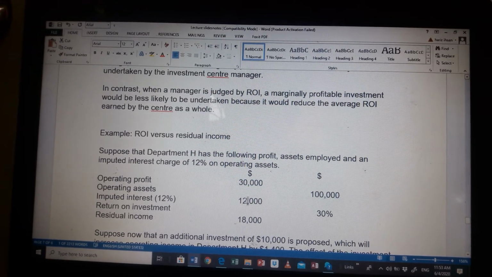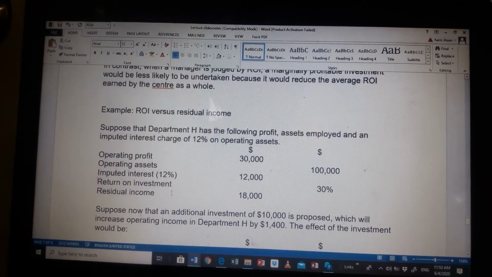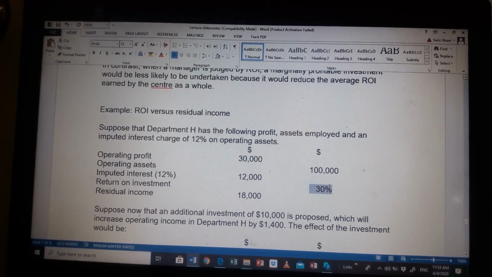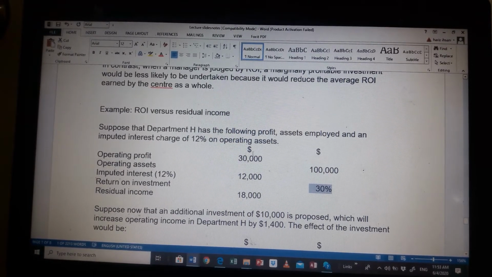Imputed interest is 12% of the operating asset. 100,000 times 12%, so it becomes 12,000. The ROI is 30%, so 30% times the operating asset, the capital employed, is 30,000. So what is the residual income? It is when you take the operating profit minus the imputed interest. That is all, and we get 18,000 residual income.